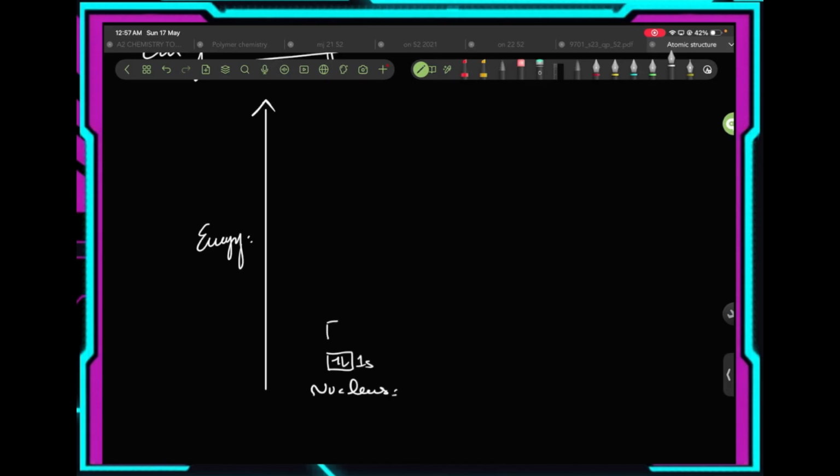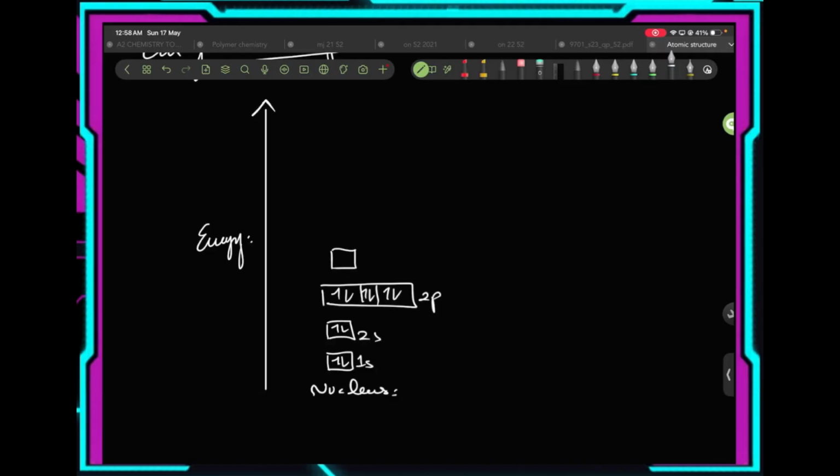Then you're at 2s, which has more energy than 1s. Then after 2s, what comes? 2p, which has even more energy, it is higher in energy. So 2p6, for example, this is 2p. And then what about 3s? 3s is even further from the nucleus and higher in energy.